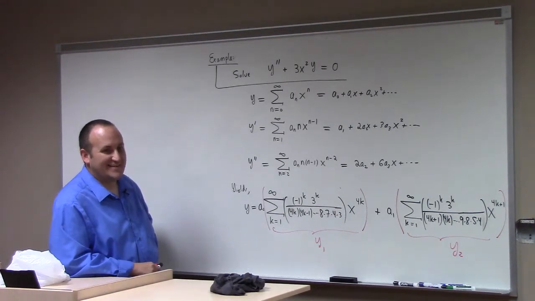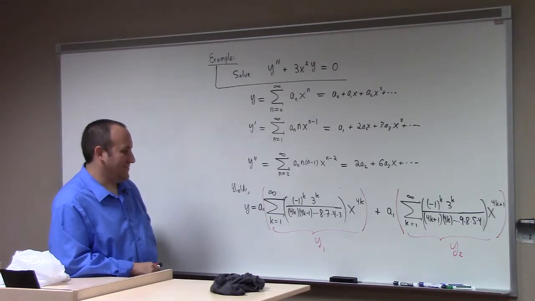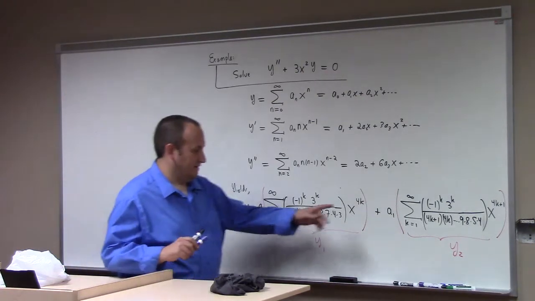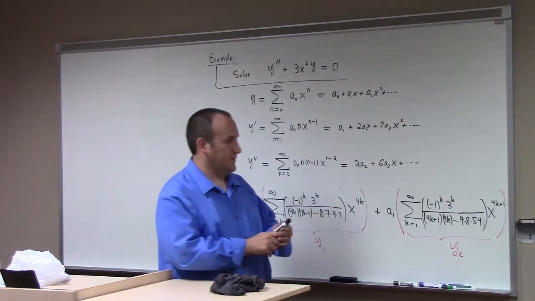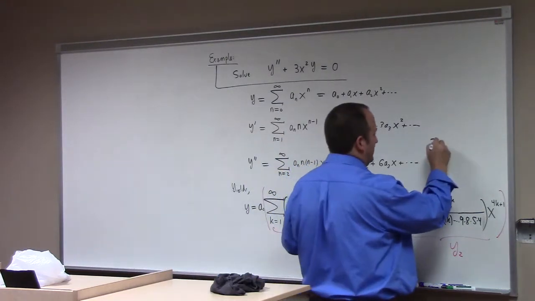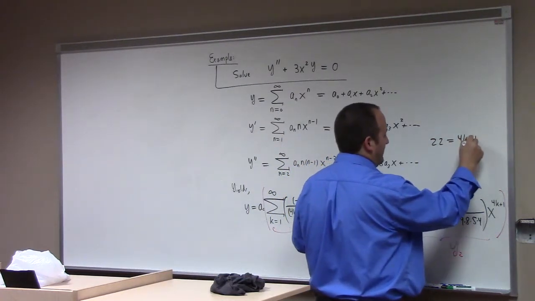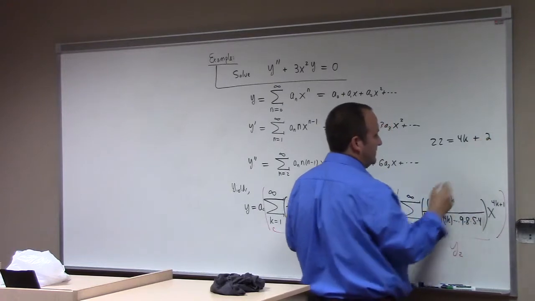Death, pain, and torture. Well, fortunately, those things are 0 here. Because I don't think 22 fits into either of these classes, right? Like this one, it's 20 when k equals 5, then it jumps to 24, right? If 22 is equal to 4k plus what? 2, right?